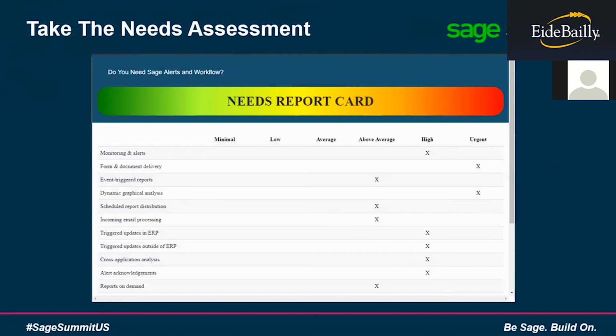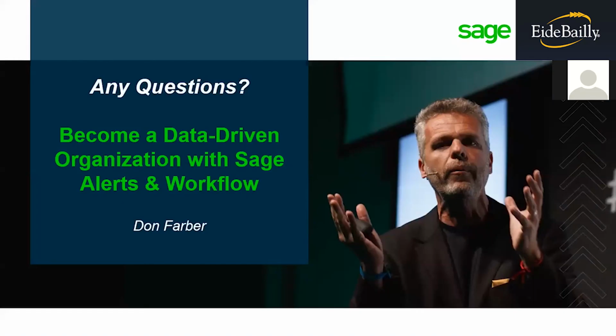It'll ask you questions about different business processes within your organization, and then finish up by presenting you with what you see on the current slide, a report card showing what alerts and workflow can do for your corresponding business need, based upon your own organization's business processes and your current level of automation.